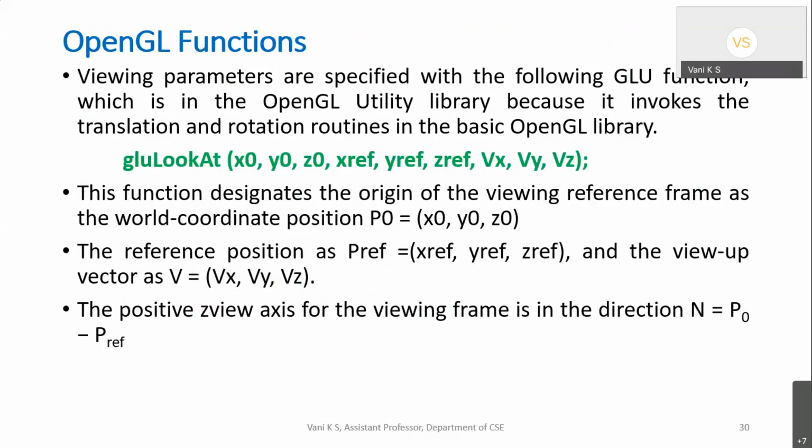We need to set up some function so that all these points, whatever I told, the lookup vector, the normal vector, everything, we have to set up. So which is the function in OpenGL for that? gluLookAt is a function with 9 parameters. The viewing parameters I told you in the beginning will all be initialized with this GLU function.